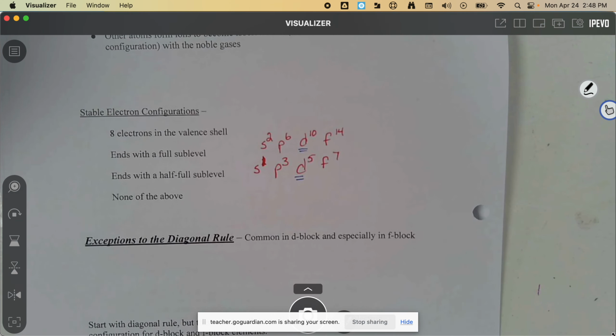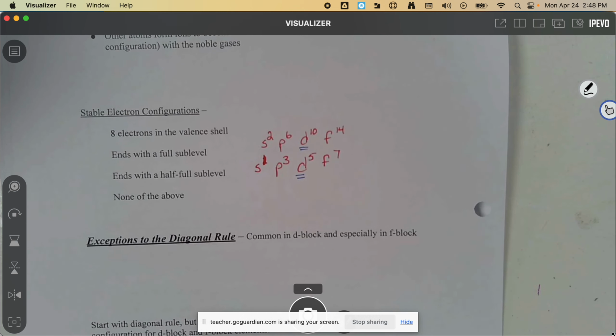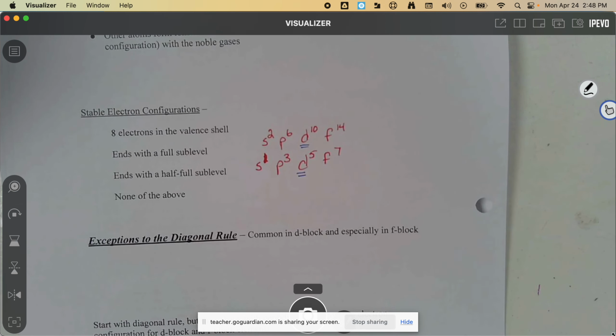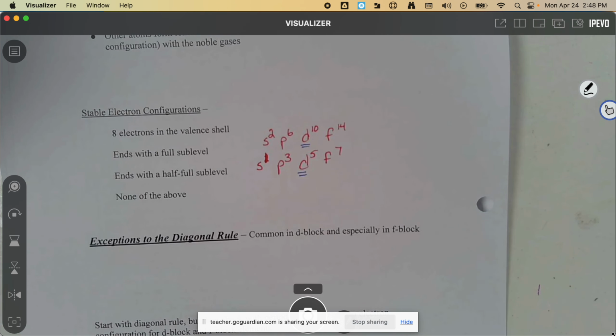D10 metals and d5 metals are very good, so much so that you end up with some exceptions to the diagonal rule in the areas near d10 and d5. The least stable electron configuration is none of the above.